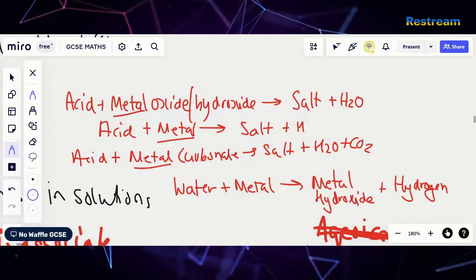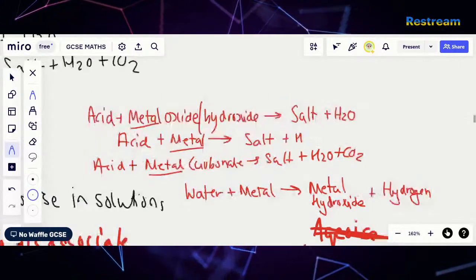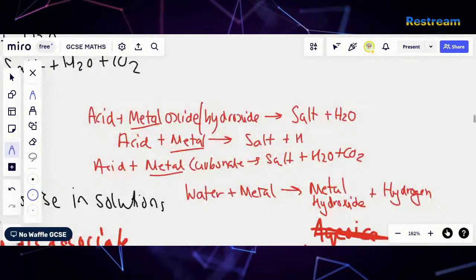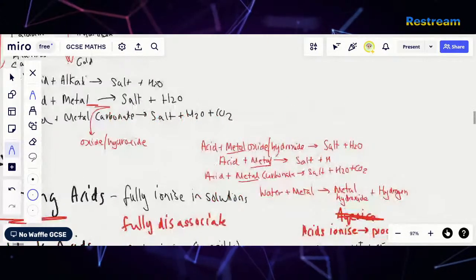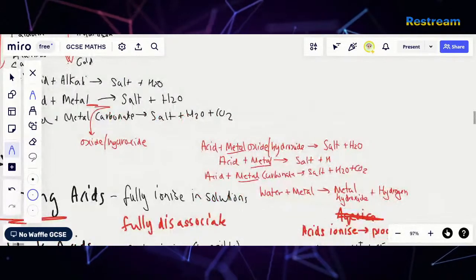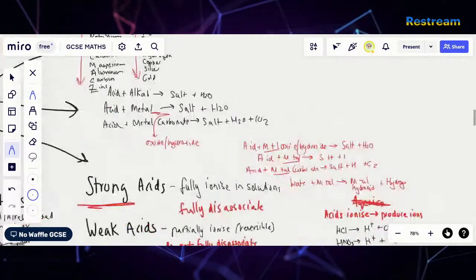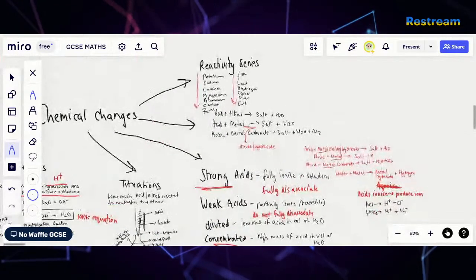So now we've looked at the key reactions. It's important to look at separating metals from metal oxides. Metals often have to be separated from their oxides, and this can be done through reduction, which again links back to the reactivity series.